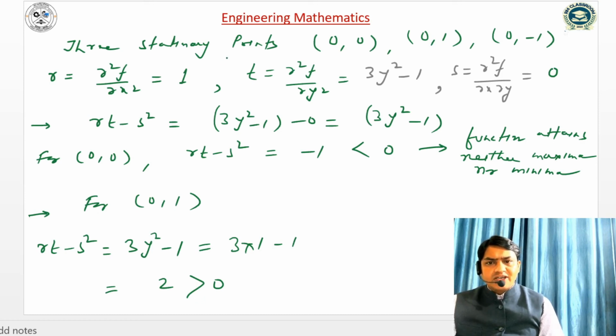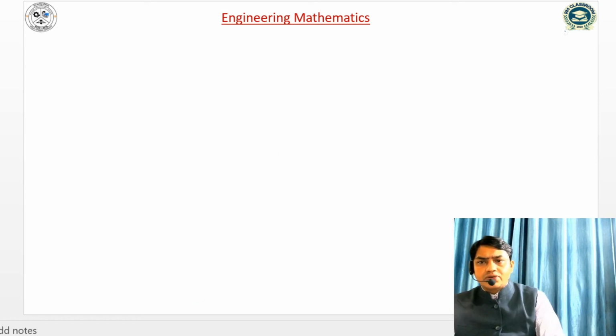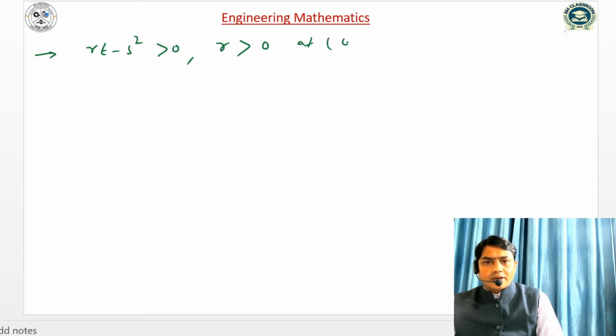The value of r is already greater than 0. So here we can write rt minus s square is greater than 0 and r is also greater than 0 at x is equal to 0, y is equal to 1. It means the function attains minima at 0 1.